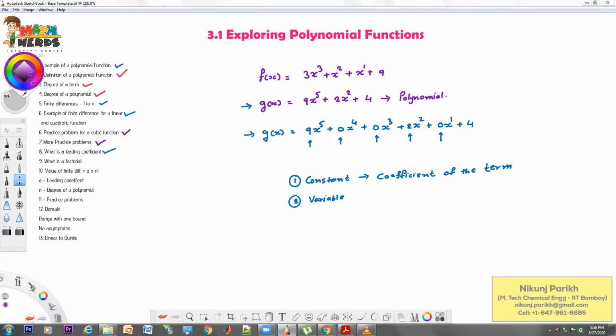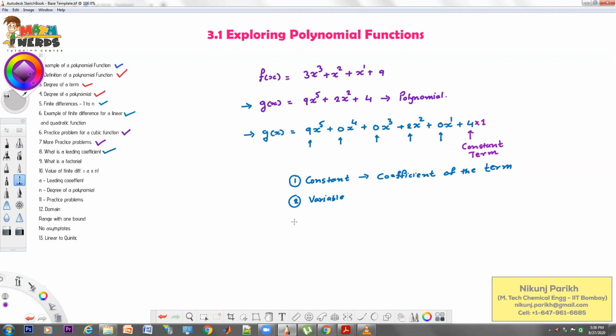This is a special case where 4 is multiplied by basically 1, right? So this 4 can also be called the constant term. But when the variables are present, then the constant part is called the coefficient of the term.